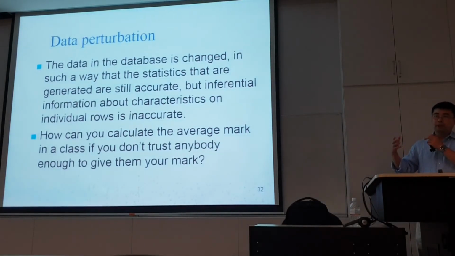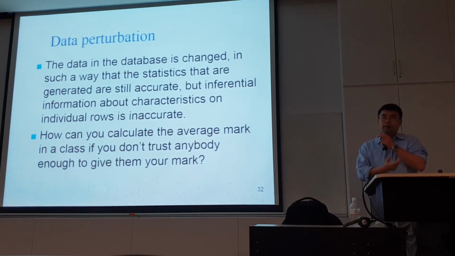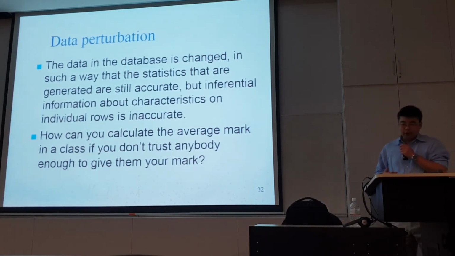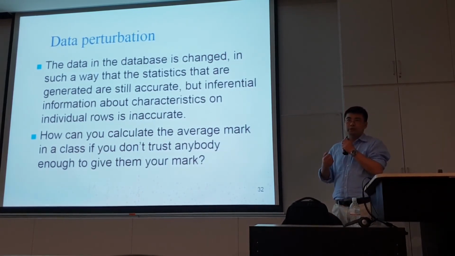For example, you can make a copy of the database, but you do the perturbation on the internal data, and then the statistical interface will be associated with this perturbed database. So the statistical information will be accurate, but the individual information is wrong.